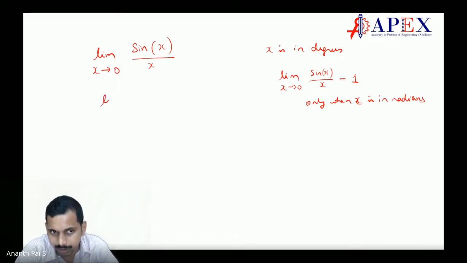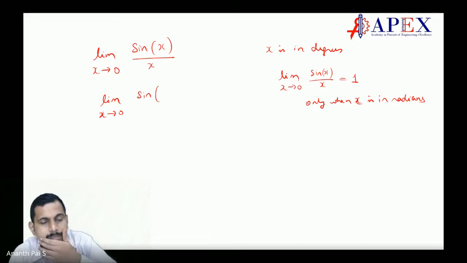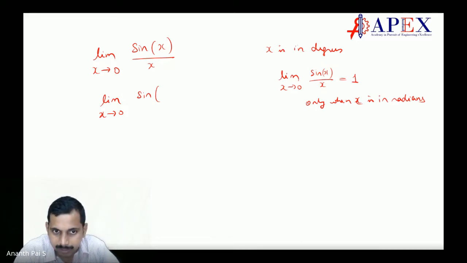You convert into radians by putting limit x tending to 0, sine of, what is x over here, sine x over here. You convert this x to radians only here, not here, not this. So when you do this, what is happening? This becomes pi by 180 into x.